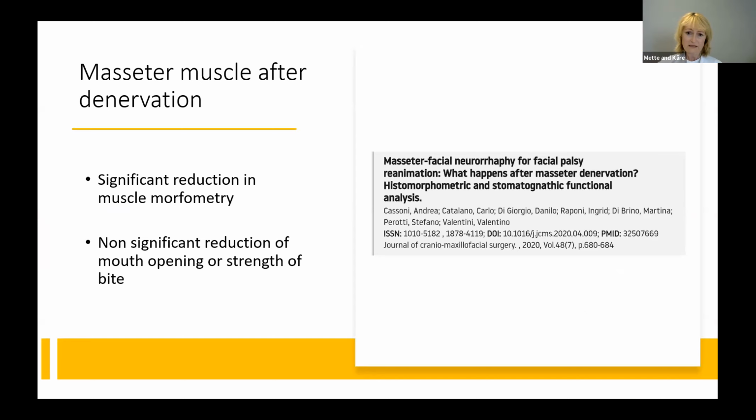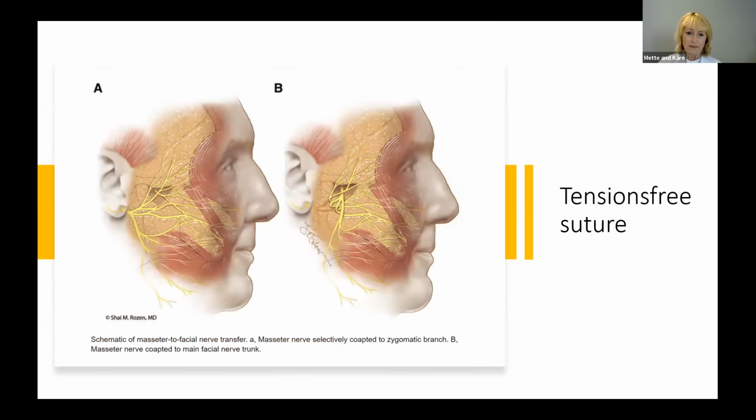And if you look at the donor side morbidity, you can find a reduction in morphometry, but there's no reduction of function when you take this away. So it is doable to use it as a donor nerve. A colleague, Shai Rosen, has these great pictures.